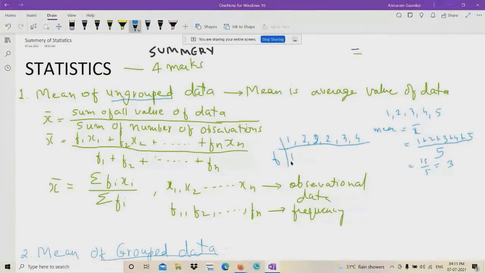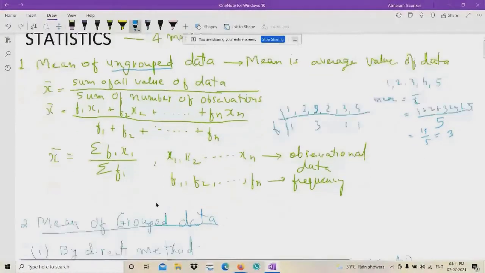So the frequency of this one is 1. 2 occurs 3 times. So the frequency of 2 is 3. 3 occurs 1 time. So the frequency of 3 is 1. 4 occurs 1 time. The frequency of 4 is 1. So likewise, frequency is nothing but how many times the same observation is repeating. That is called a frequency.